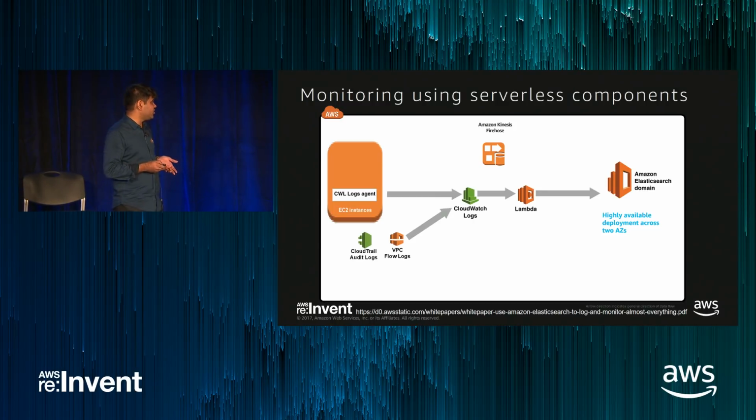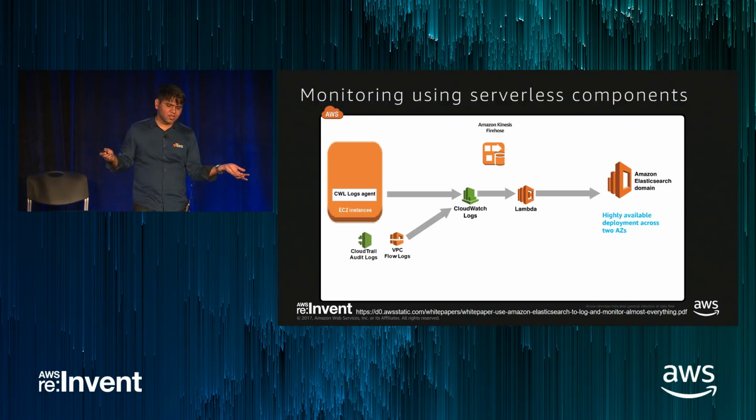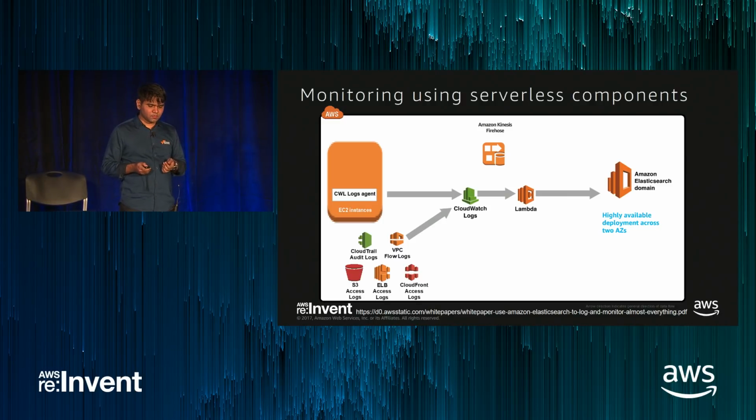Then there are other services that generate logs like VPC, which server is talking to which server, which ports are being used in that communication. So all these logs can also be forwarded to Elasticsearch through this path, okay? Then there are still more services like S3, ELB, CloudFront that provide you logs to monitor. So these are various paths that lead you to Elasticsearch.